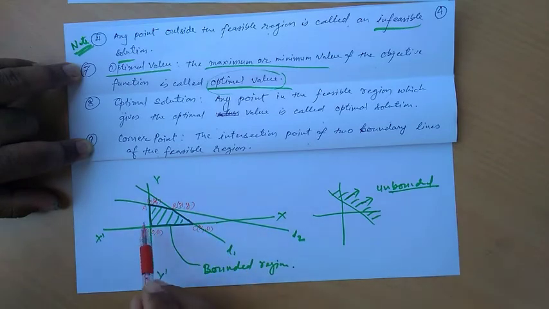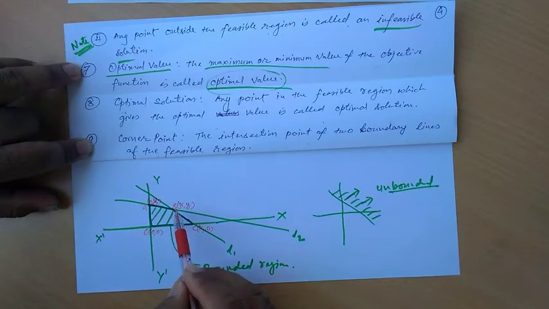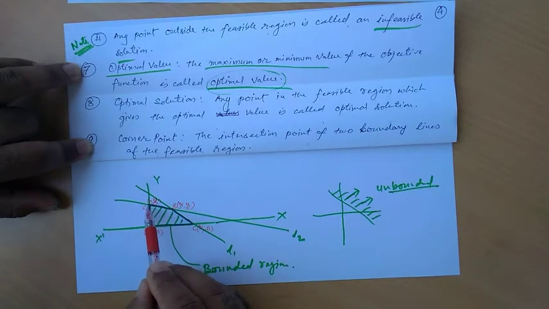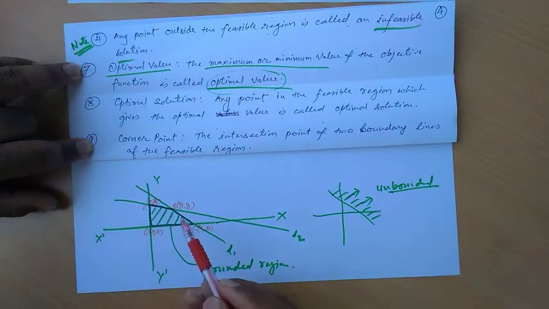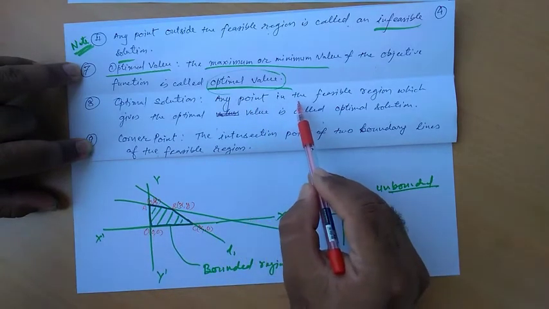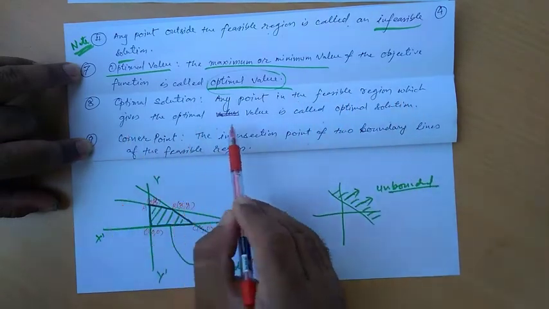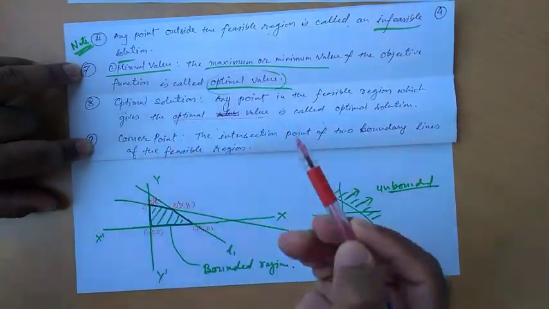So you will be having 4 points: (0, 0), (x1, 0), (x, y), and (0, y1). So these are 4 corners, and any point in the feasible region gives the optimal value.